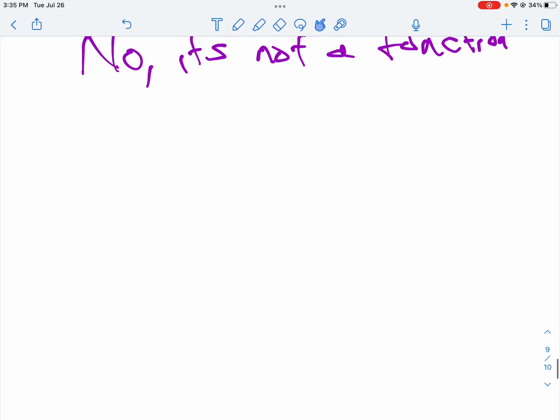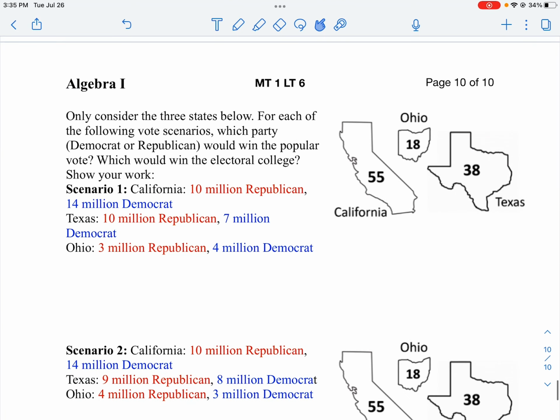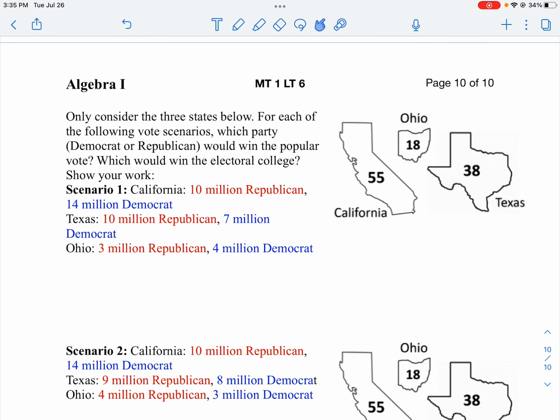Now let's take a look at a blaring example. We're going to look at just 3 states: California, Ohio, and Texas. Notice in scenario 1, California has 10 million Republicans and 14 million Democrats.